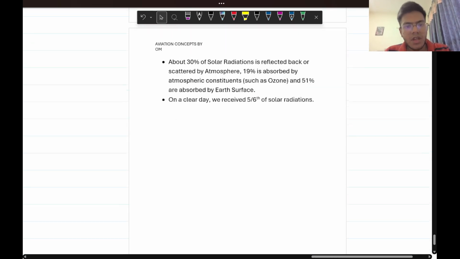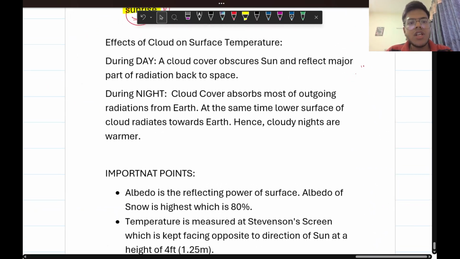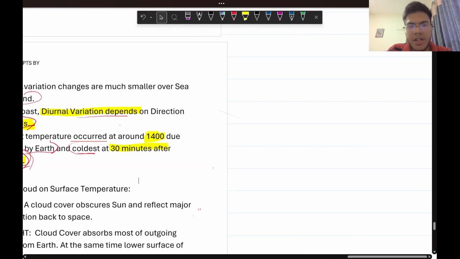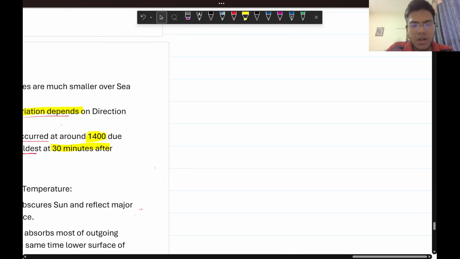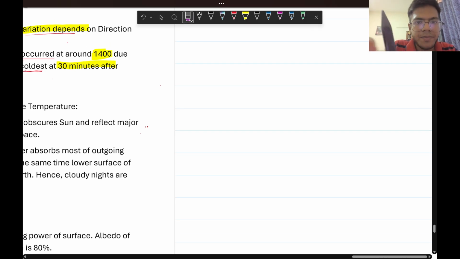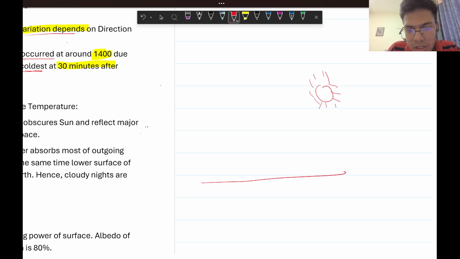Now, effect of cloud on surface temperature. Now guys, see what happens is, I will tell you here the complete effect of cloud. Okay, so we know this is our sun and this is the surface of earth.